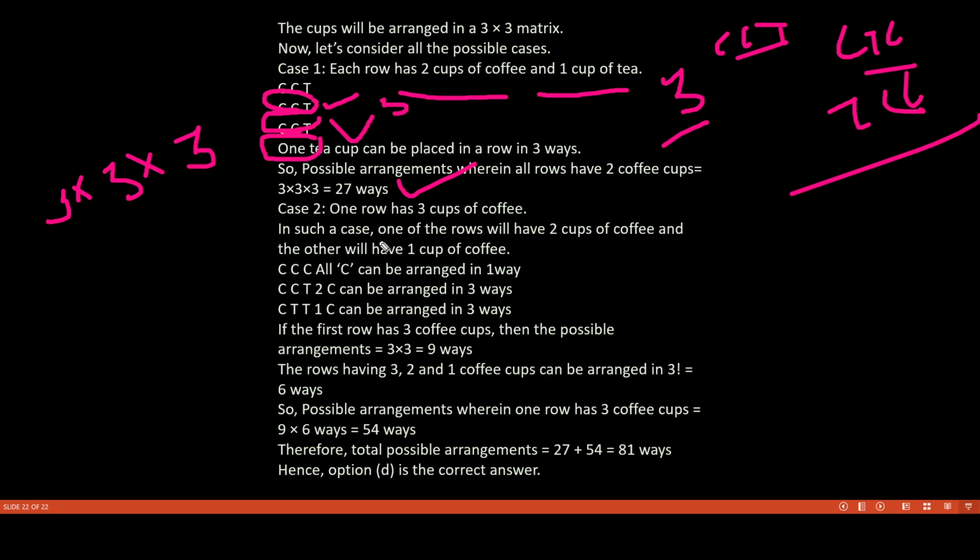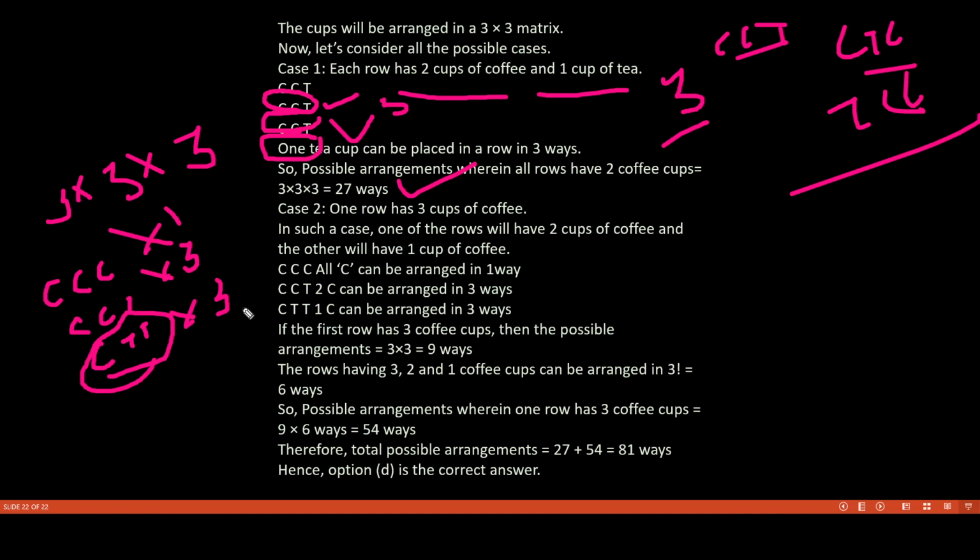All right, and now let's take another case. One row has 3 cups of coffee, another row has 1 cup of tea, and the next row has 2 cups of tea. So in how many ways can this be arranged? This can be done in 3 ways, this can also be done in 3 ways, and this can be done in 1 way. All right, this is the possibility.